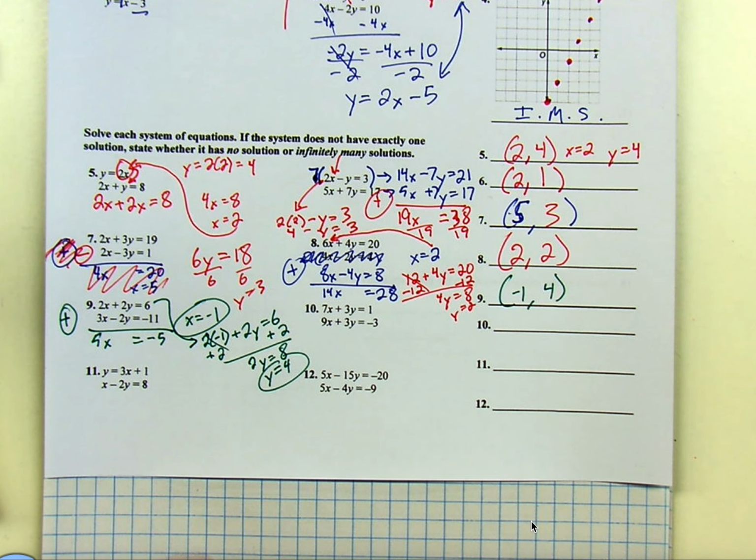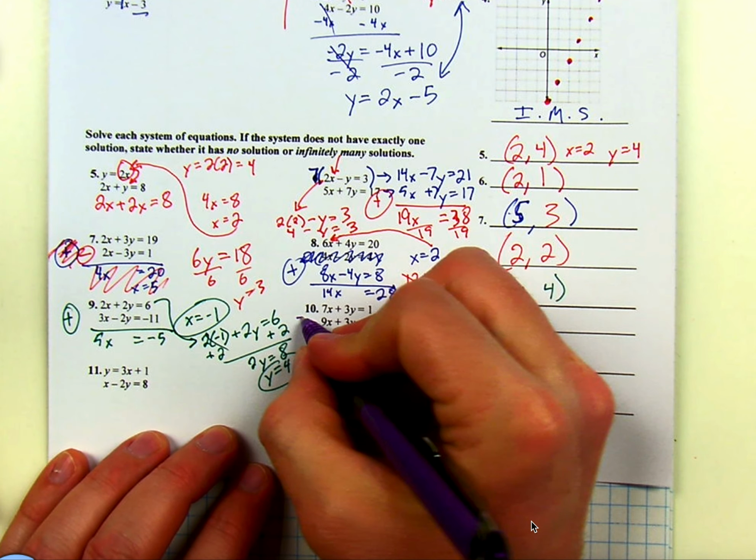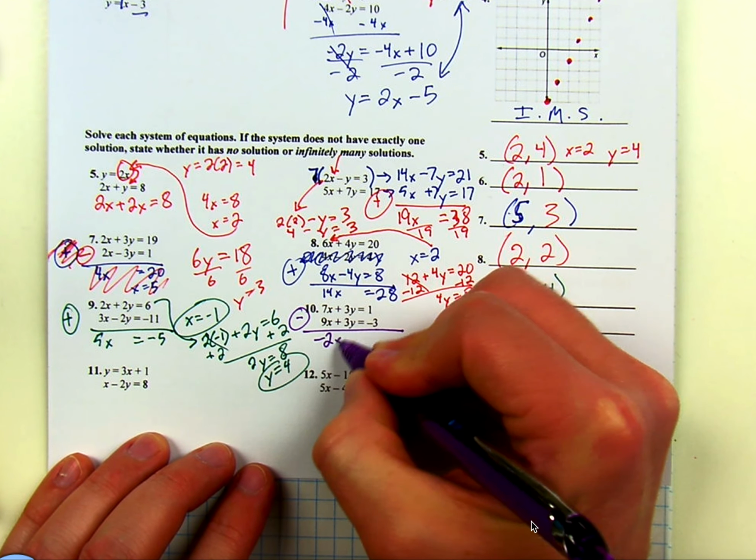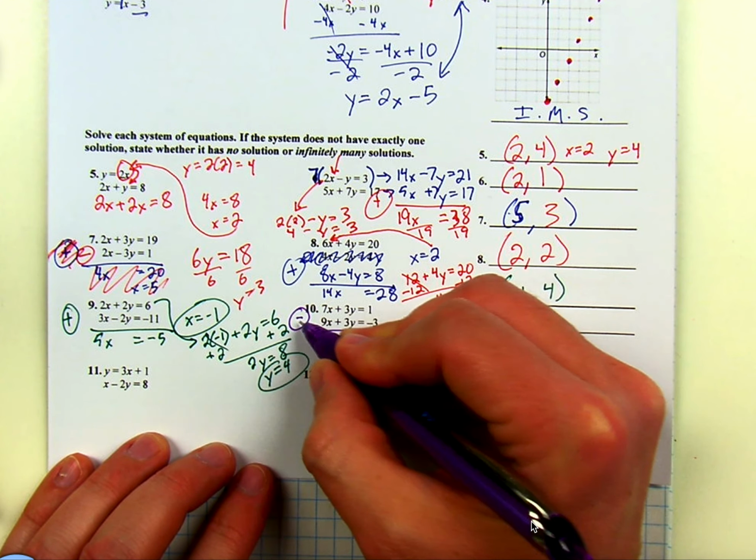On number 10, I'm going to do minus. 7 minus 9 is -2x. That's okay. 3y minus 3y is no y's. 1 minus, be careful with your positives and negatives here, 1 minus -3. All right, divide by negative 2. That's going to be x equals negative 2. What is y?